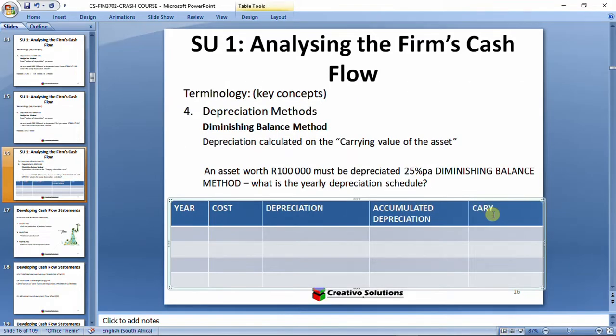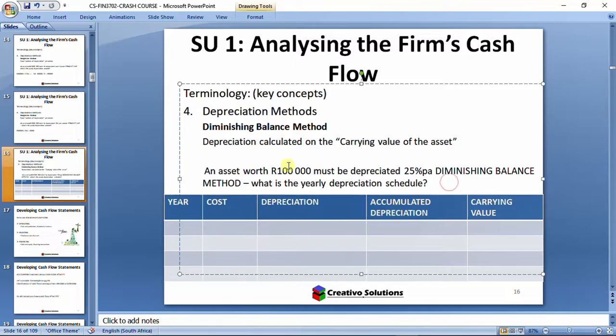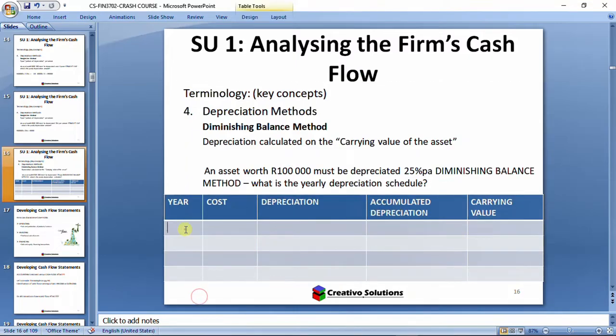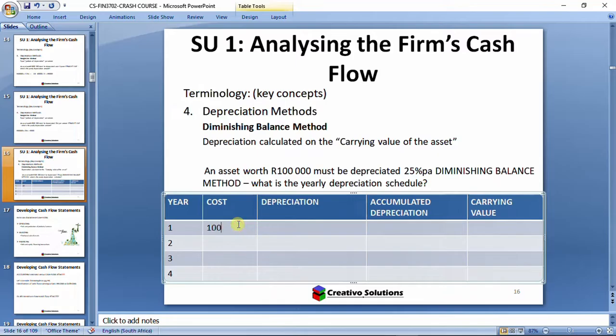And then you've got carrying value. So that's what you have in the actual table, and then you just need to complete the table in terms of what the asset has in terms of amounts. Obviously I'm going to use 4 years here because of the 25% per annum. The cost here is 100,000.